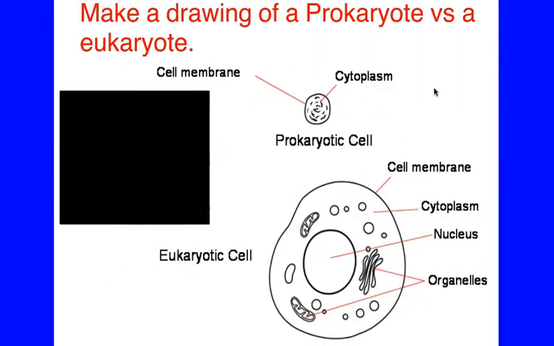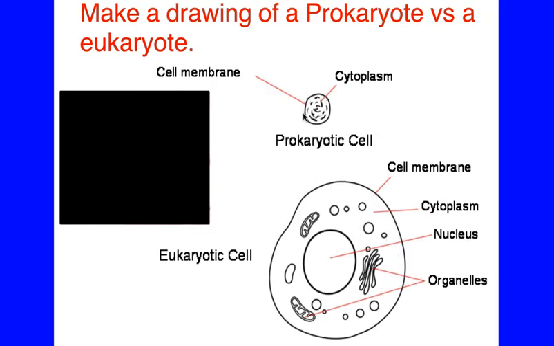If we look at that in a picture, the prokaryotic cell you can see right here is very, very small in comparison to this big giant eukaryotic cell. We could actually take this prokaryotic cell and put it inside the eukaryotic cell because it's so much smaller. You can see that there's cytoplasm, and the eukaryote also has cytoplasm.